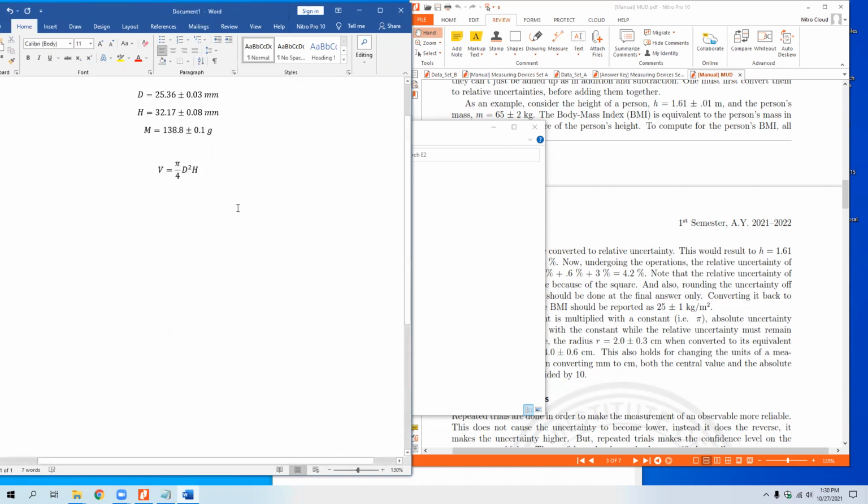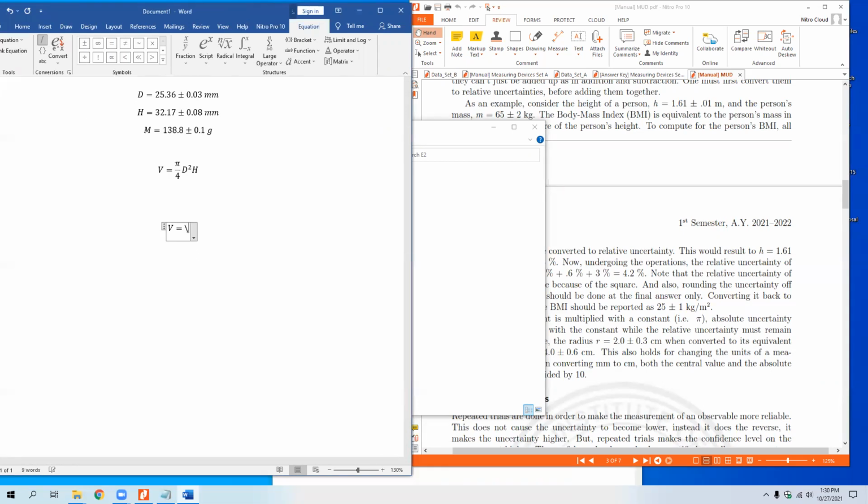okay, we calculate the central value of our volume first. So, naka-millimeters naman na tayo. So, the central value is actually just pi over 4 times diameter squared, 25.36 millimeters squared, times 32.17 millimeters.